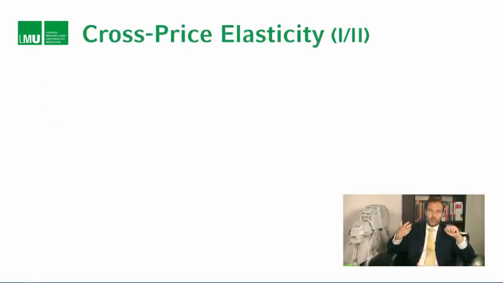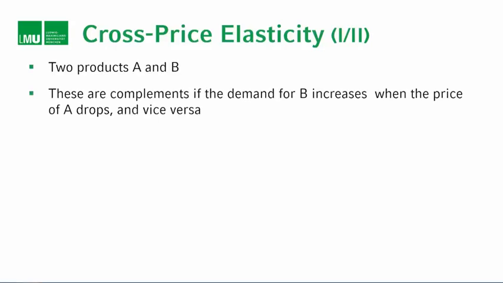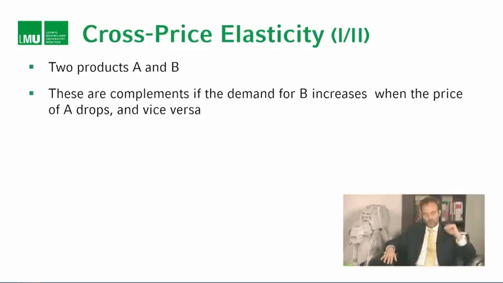An implication from this is when we think about cross-price elasticity. That sounds complicated, but it's fairly straightforward, I think. Two products, A and B, are complements if the demand for B increases when the price of A drops and vice versa. In other words, if the price for product A goes down, then people are going to buy more of good B. And how is that going to happen?